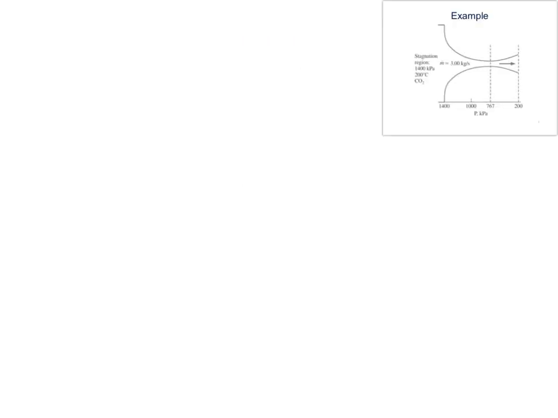As I mentioned before, we want to find the stagnation temperature because we're going to use that in all the relations. It's very low velocity at state 1 at the 1400 kilopascals. So the stagnation temperature is 200 degrees C, and therefore in Kelvin, it's 473 Kelvin.